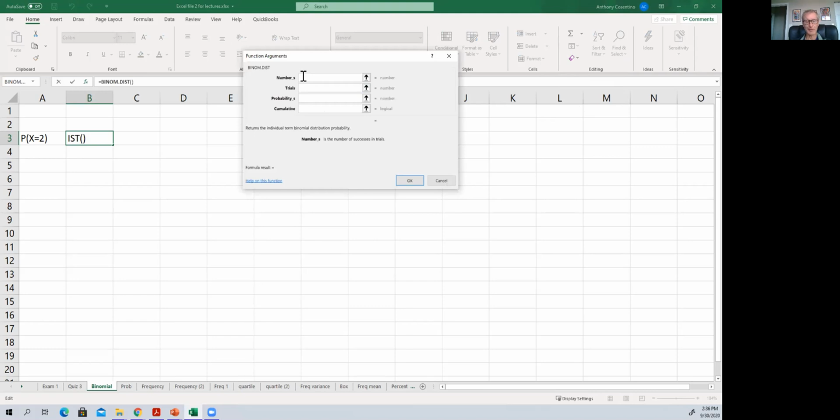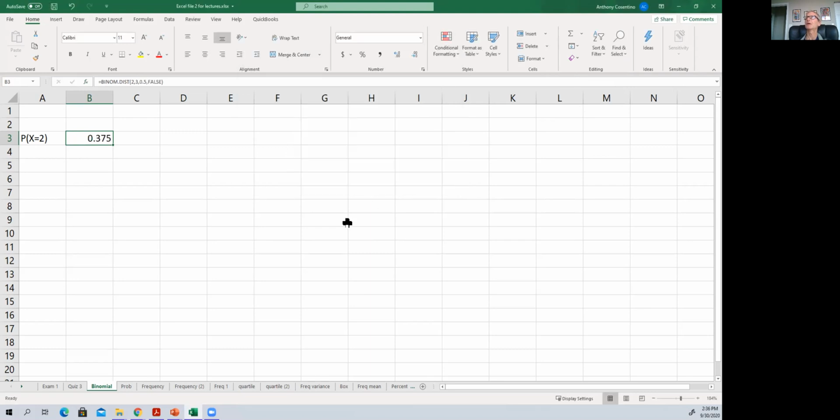So the number of this case is 2, and the trials are 3, that's n. Probability is 0.5 of success. And when you're doing an equal sign in binomial, you type in false. And there is 0.375, and fractions, that would be 3/8.